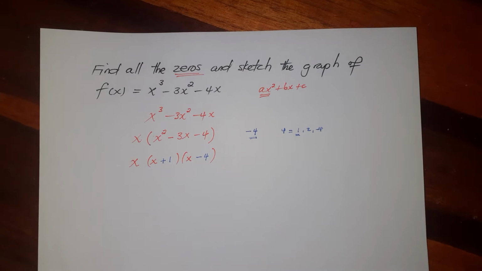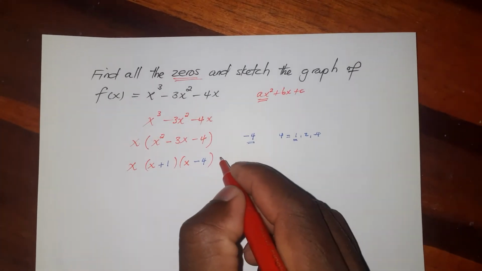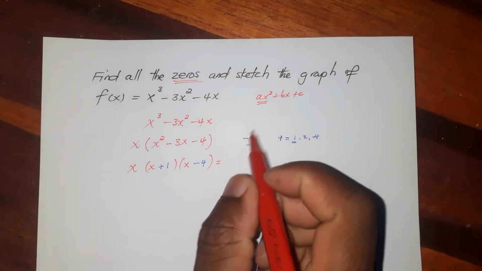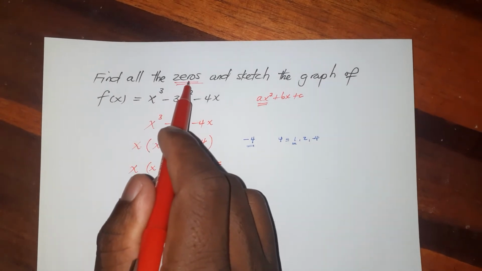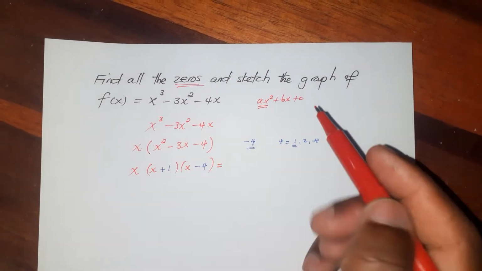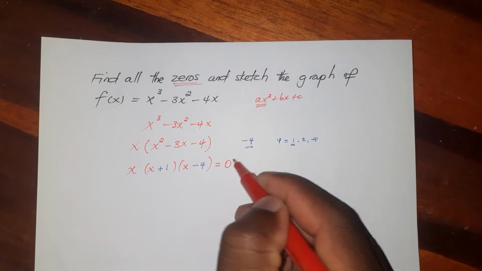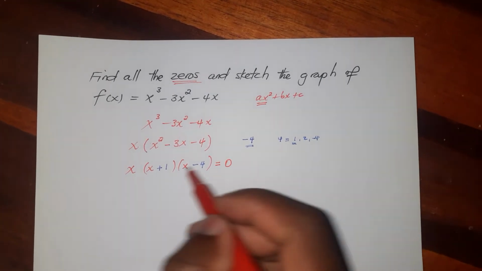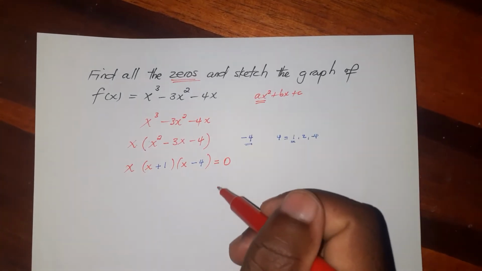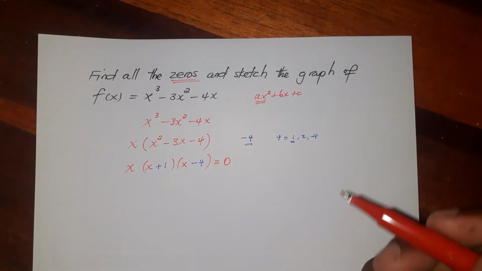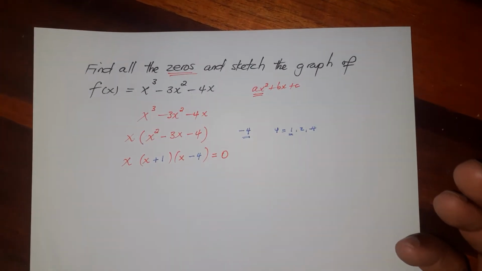Then from there, we can now equate these to 0. Remember, we are finding the zeros, meaning we have to equate this equal to 0. The solutions that we are going to get here are the zeros of the polynomial.